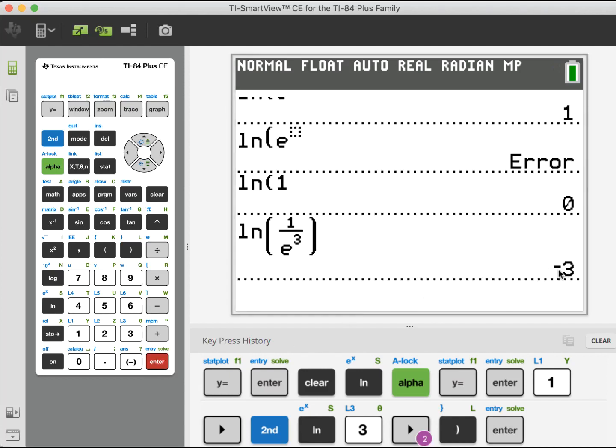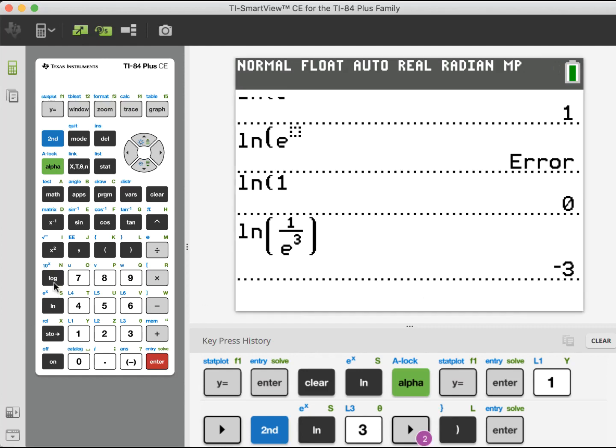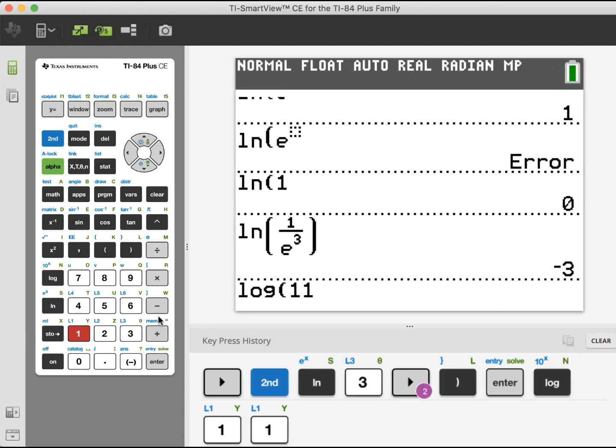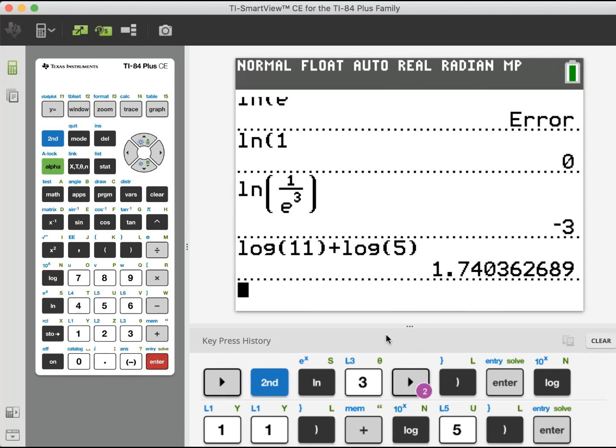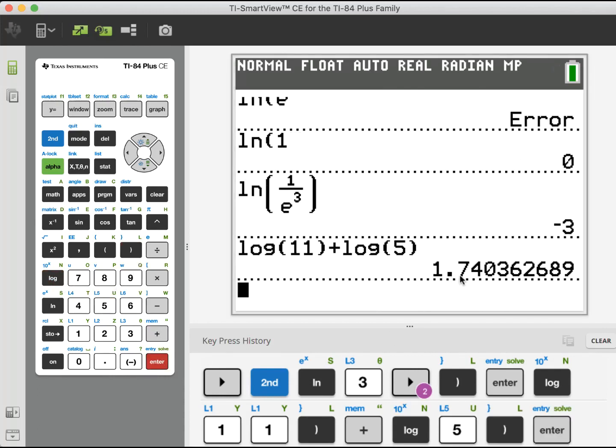Now for the last row. We had log 11, close parentheses. It's very important to close parentheses when you're doing more to this. And then plus log 5, close parentheses. Click enter. Now notice it was 1.70362689. I broke it off after the 3 there, but notice that the next number is a 6, so that needs to round up to a 4 there.